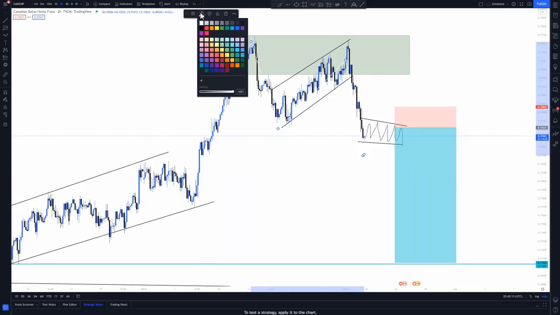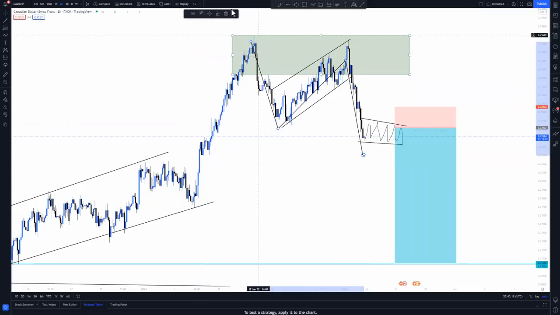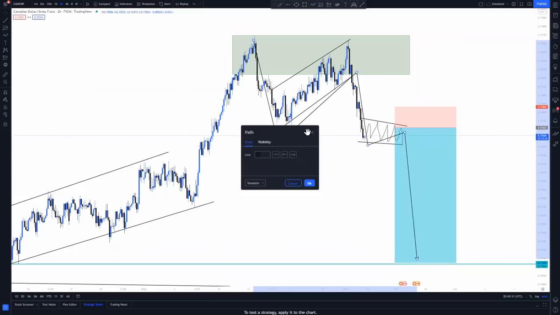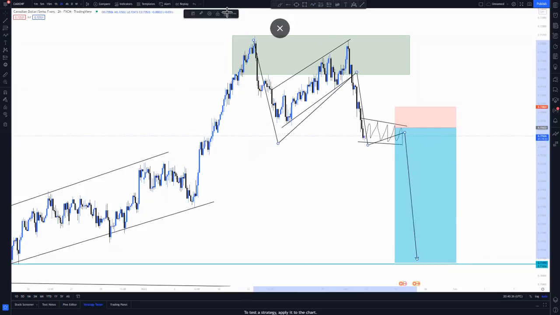Price did what I saw it was supposed to do. Price went down with an impulse, sideways with a correction, down with an impulse, sideways with a correction, down with an impulse. Plan the trade and trade the plan.